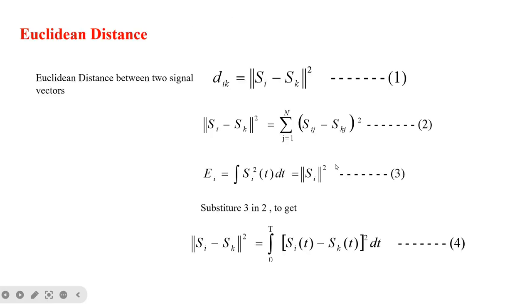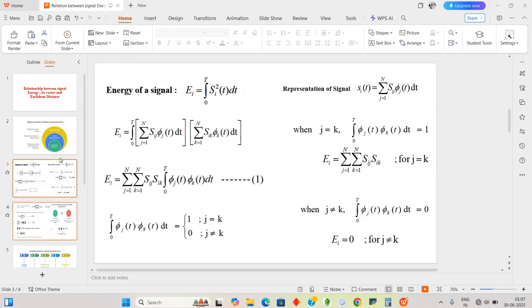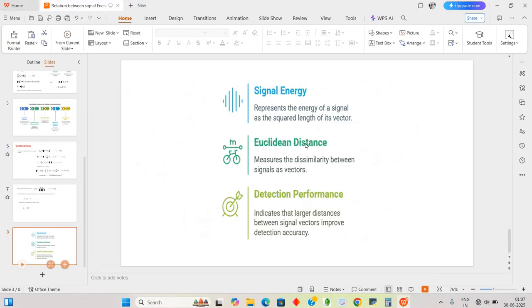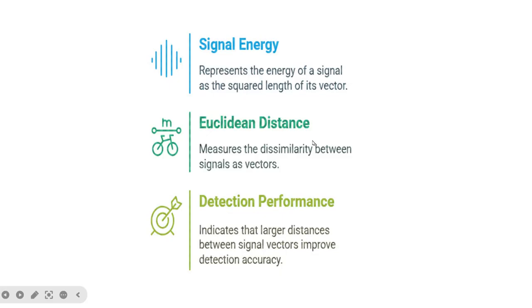This one, the squared Euclidean norm. These double lines are usually called the norm. So the length of the vector representation, and the relationship between the Euclidean distance and the signal similarity.